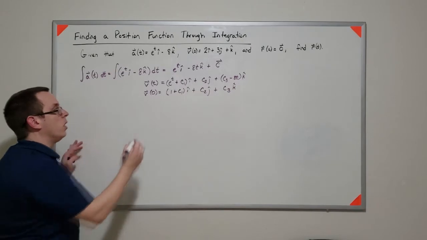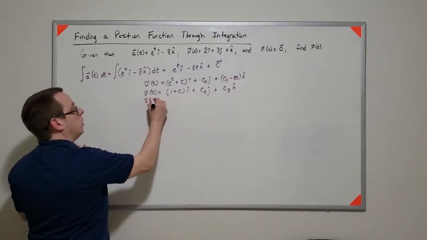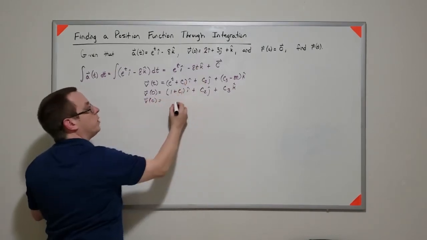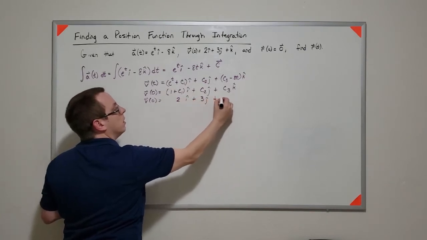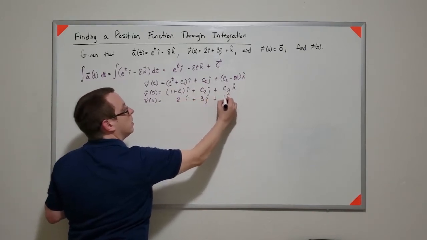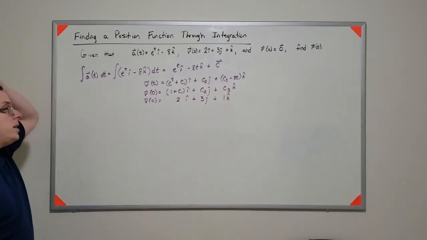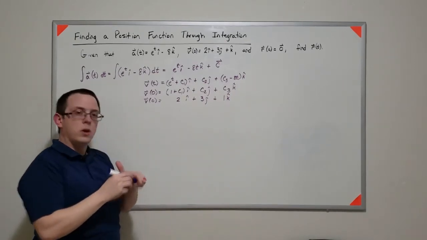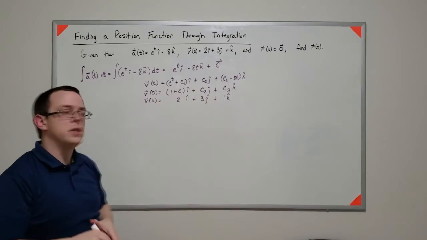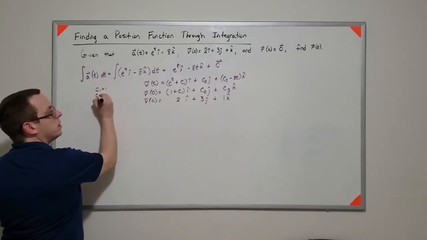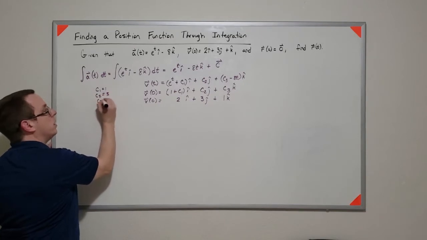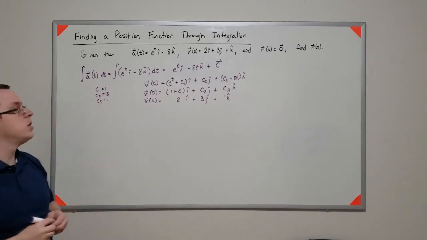And I also know what my initial vector is. So that tells me that I can solve for what c1, c2, and c3 are. c1's got to be 1, c2's got to be 3, and c3 also has to be 1.